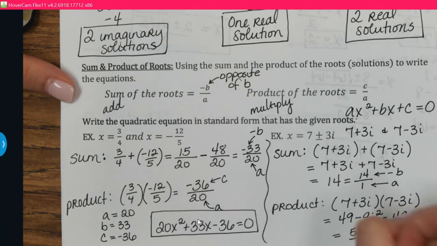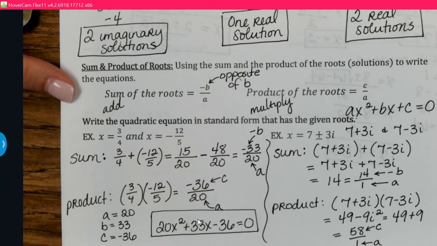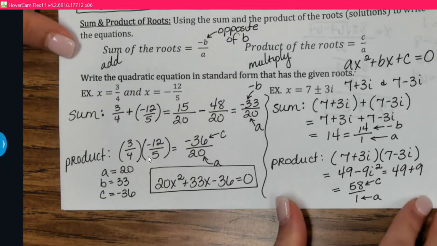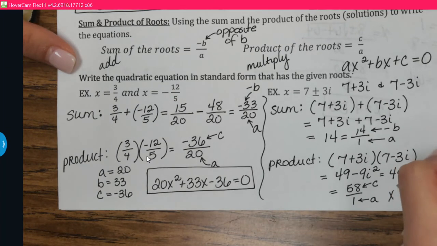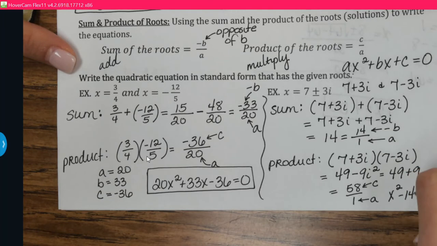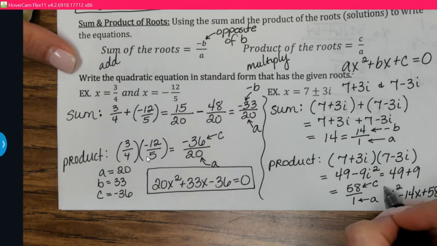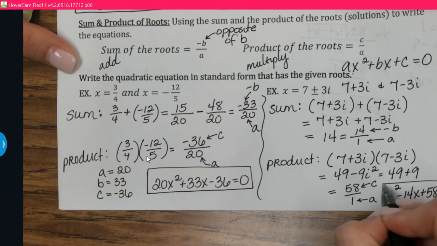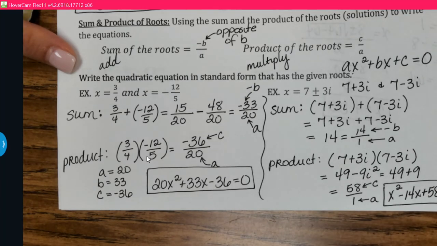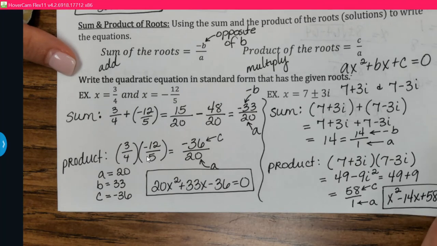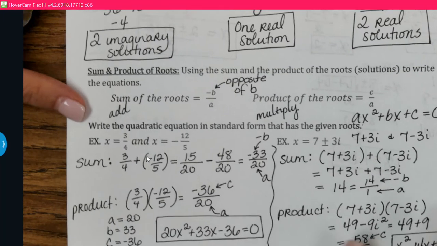I wanted a fraction, so put it over 1. What is that 58? C, and that 1 is still my a. So my equation in standard form would just be x squared minus 14x plus 58 equals 0. Y'all good? Any questions?